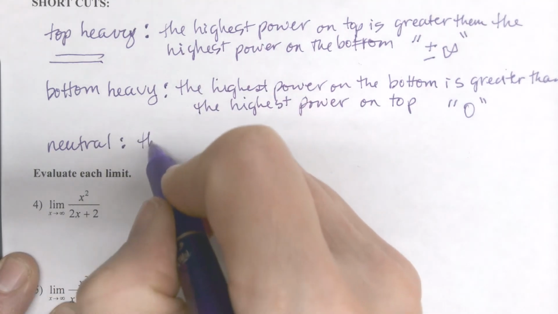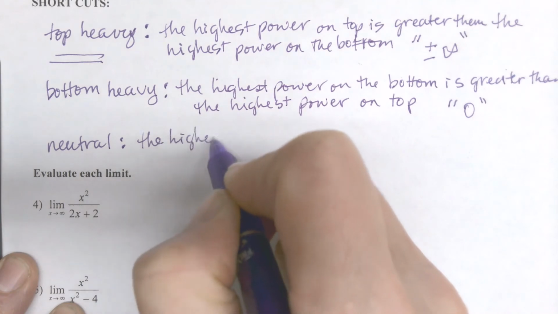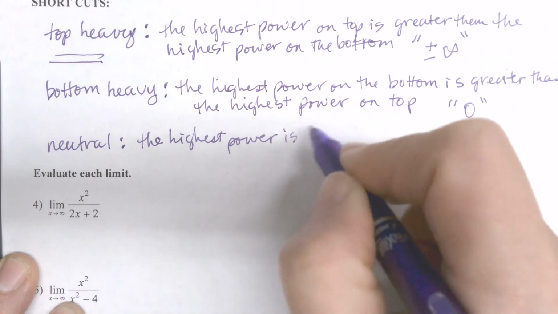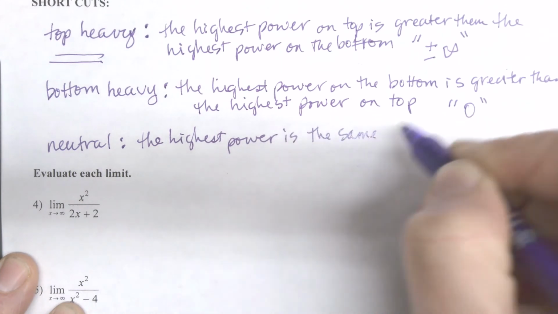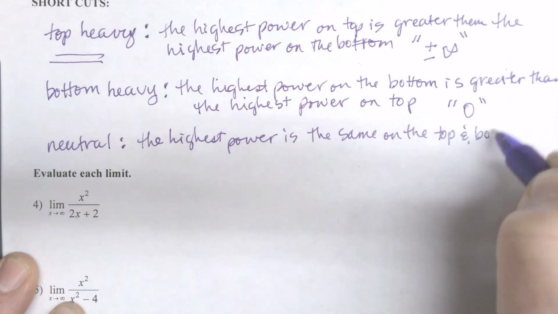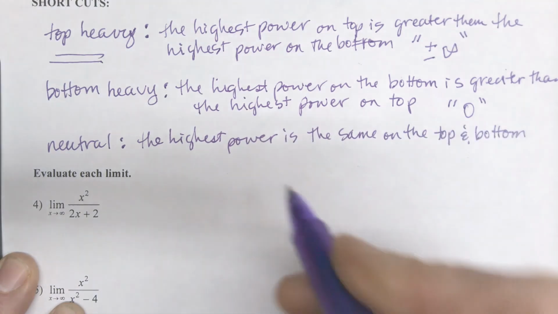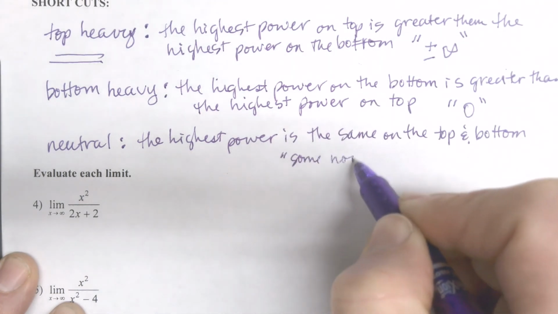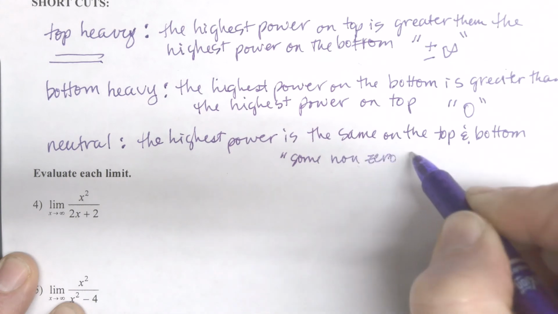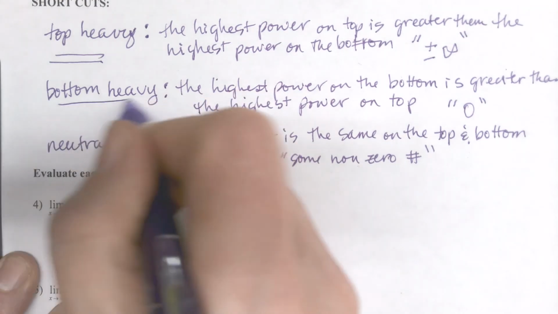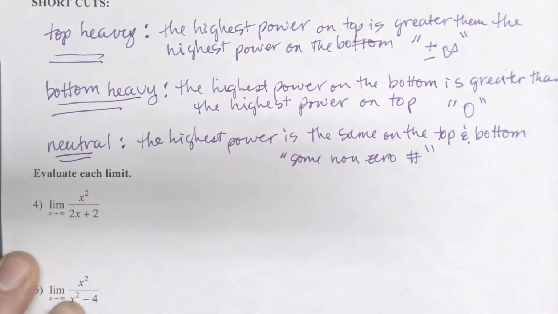That means the highest power is the same on the top and bottom. And then we'll get some non-zero number. So top heavy, bottom heavy, neutral.